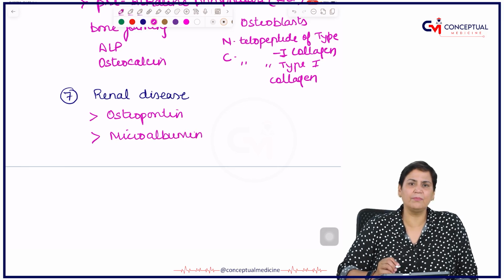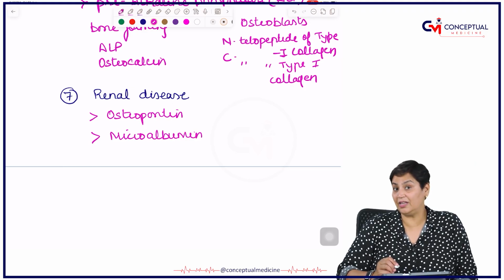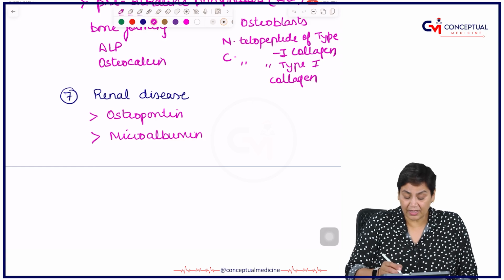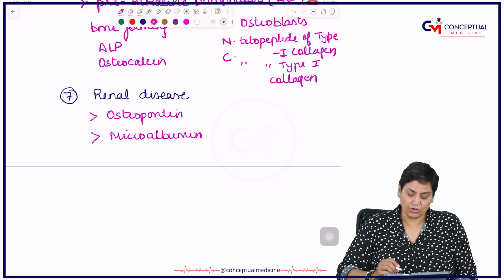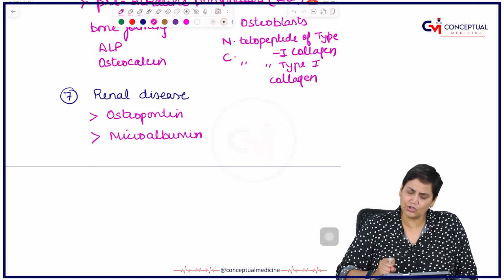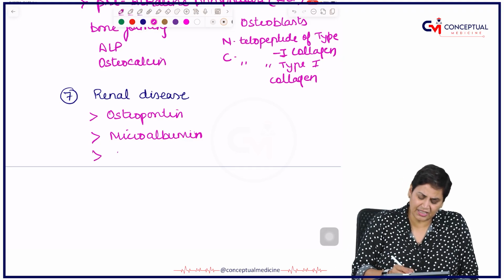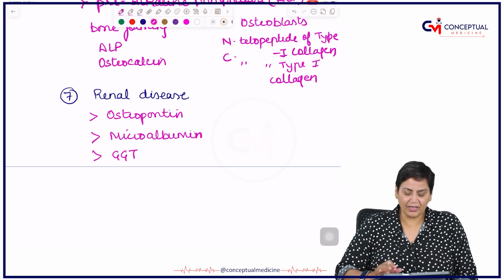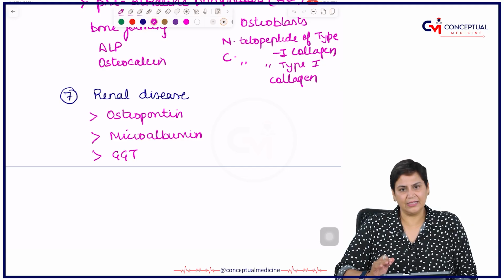Microalbuminuria, which is the most important and the most sensitive indicator in diabetes when a person is going into nephropathy. So microalbumin, it is again a very sensitive indicator. Similarly, osteopontin is there, similarly GGT is there, so many are there. So these are the diagnostically important enzymes.